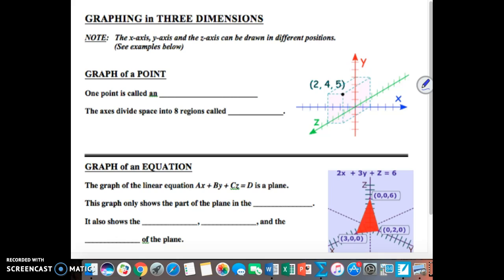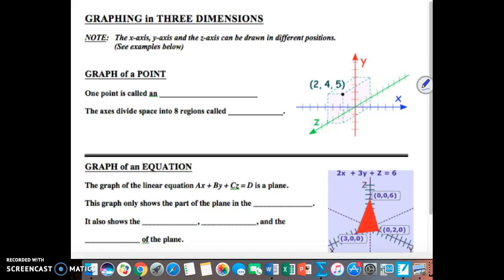So taking a look at graphing in 3 dimensions, we have the x-axis and the y-axis, and the new thing we are going to introduce is the z-axis. This can be drawn in different positions. So looking at the example to your right, the x and y axes are the same as we always see them. And then the z-axis, it's hard to see in the picture, but it's really the axis that points straight out at you.